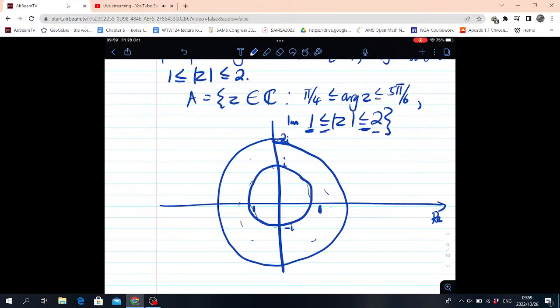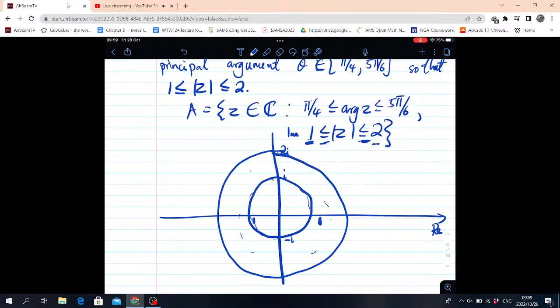And then now the argument tells us something. So the angle is between pi over 4 and, if I draw it roughly there, it will be pi over 4, and then 5 pi over 6. So this actually extends to that, right? Those will be all the complex numbers whose argument is pi over 4, and then 5 pi over 6, I think, should be in the second quadrant somewhere.